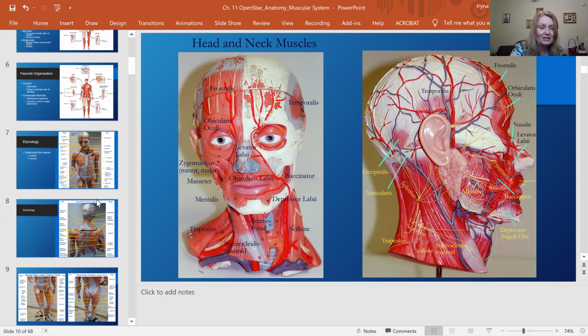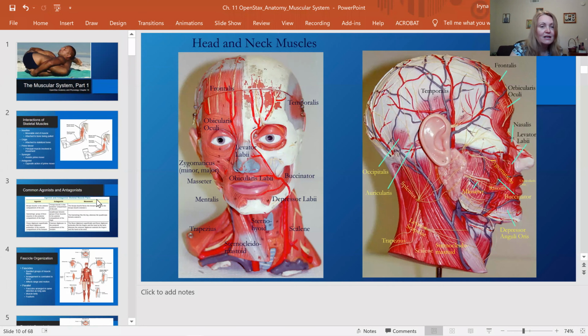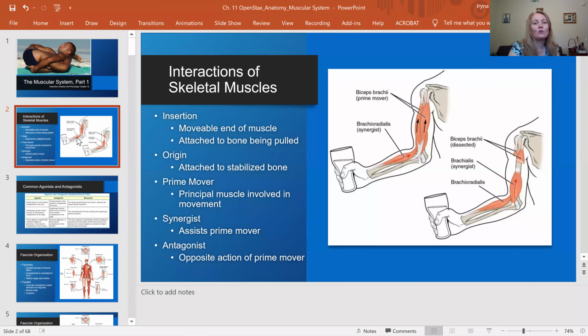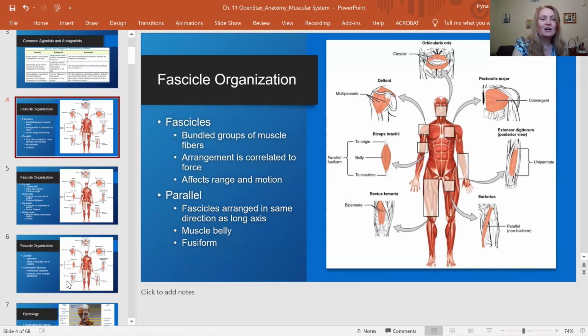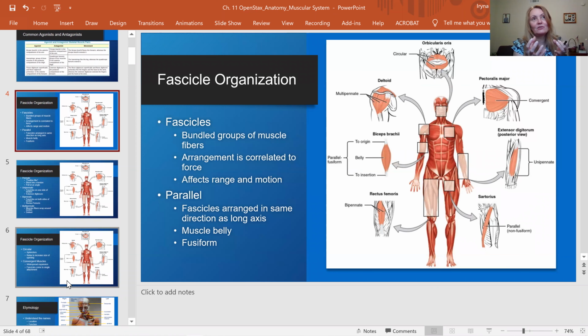So let's just very quickly recall what we covered so far. So we talked about origin and insertion, right? And I hope I made it semi-clear, right? We talked about agonist, synergist, antagonist, about fascicle organization, how these different patterns of muscle arrangement help you to produce different movements, pull in one direction, pull in different directions, and so on.